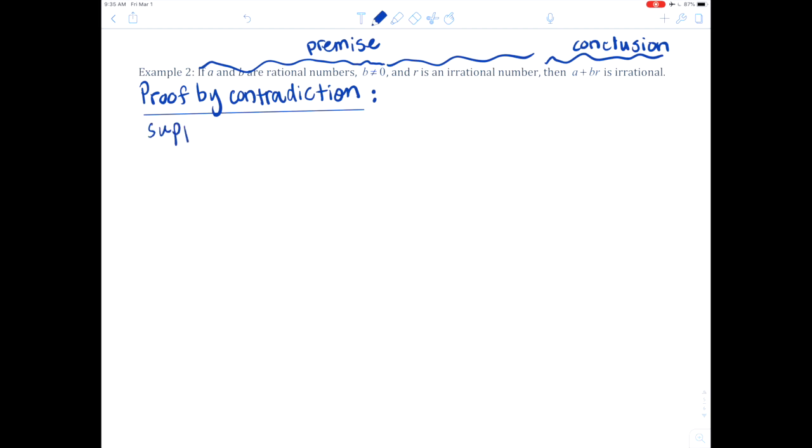All right, so let's do it. Suppose there exists. So what do we have? We have A and B are rational numbers.